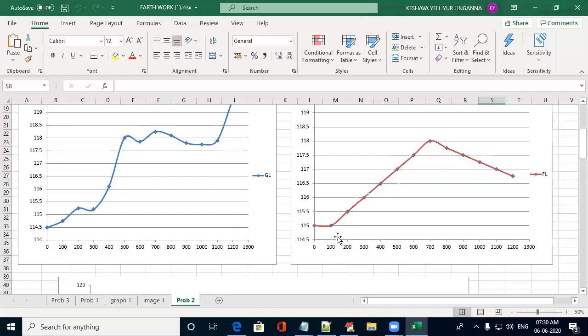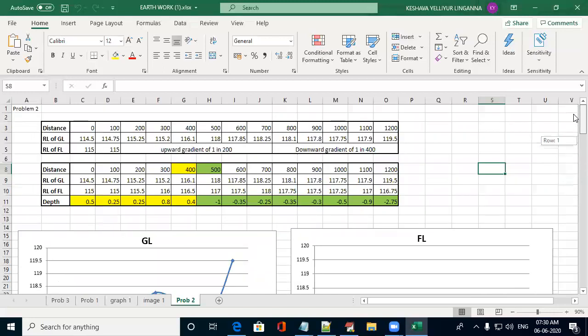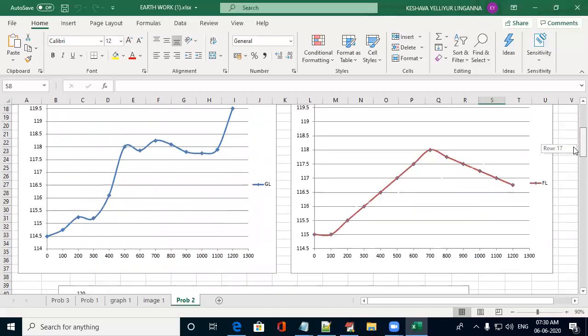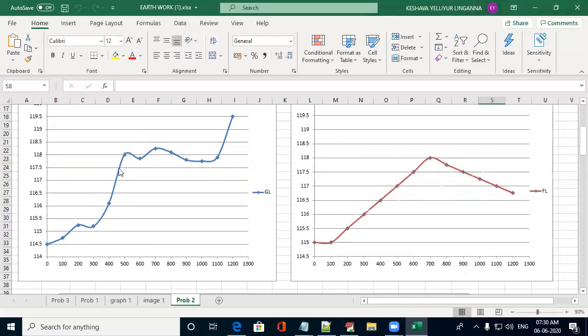This graph I got after calculating the RL of formation. Right now the RL of ground level is like this. For the given RL of ground level, I have drawn the graph which will be like this. Right now the natural ground profile is like this. After preparation of the ground, we wanted the formation level like this. This should be the road.